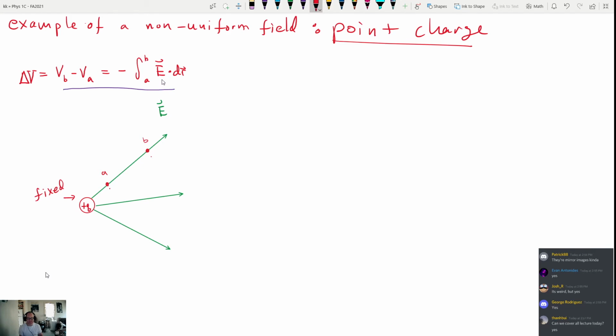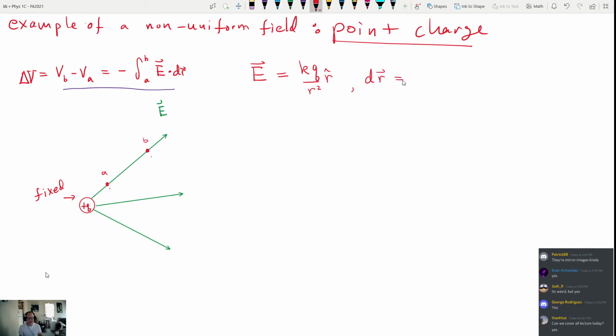So I need to take the electric field dot product with the displacement. The electric field for a point charge we found in the past was equal to K, the electric constant, times the charge divided by the distance away from the charge squared, multiplied by r hat, right? And just to help you out, we can think of dr in multiple ways.